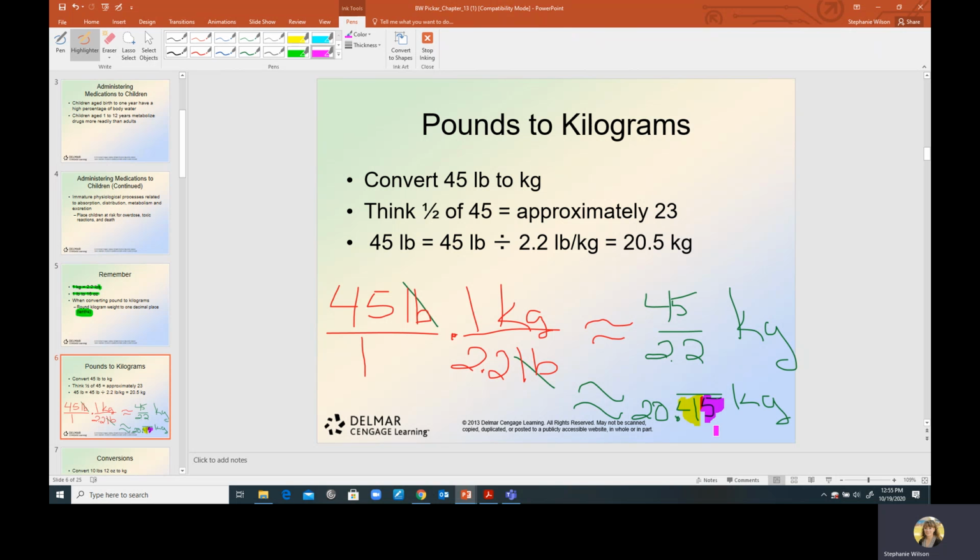And if you say yes, then we're going to add 1 to this tenths place. If you say no, then we just drop it off. In this case, it is yes. So my answer is rounded 4. Add 1 to 4, it's rounded up to a 5. And now I got 20.5 kilograms for this patient.